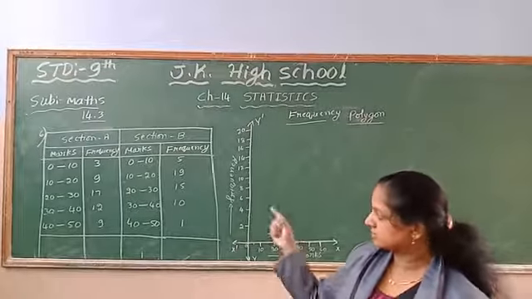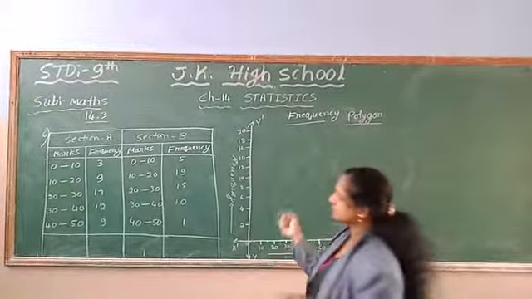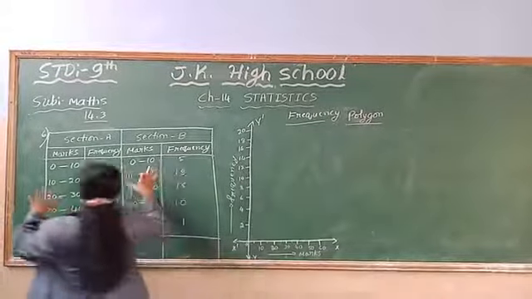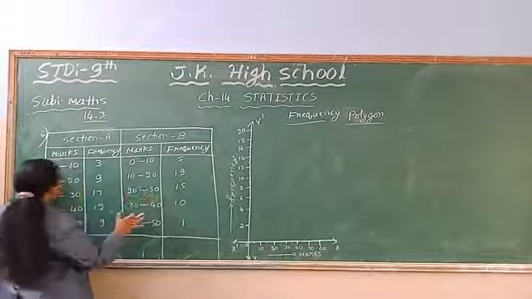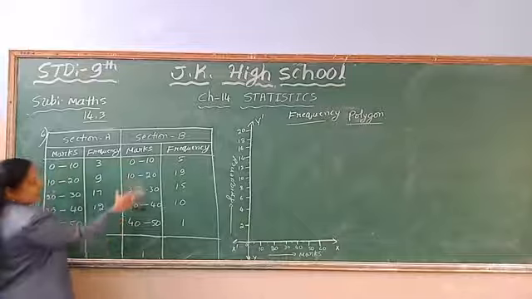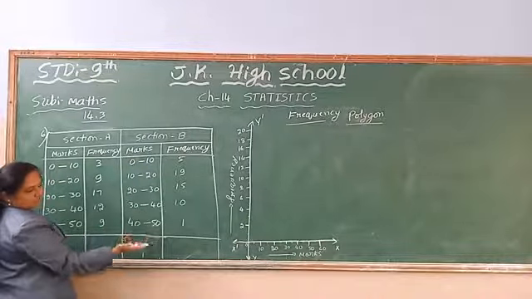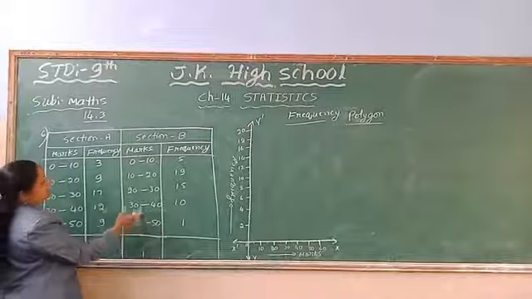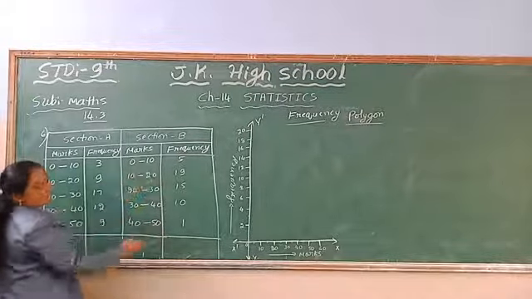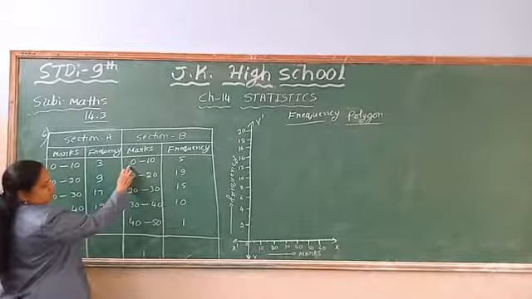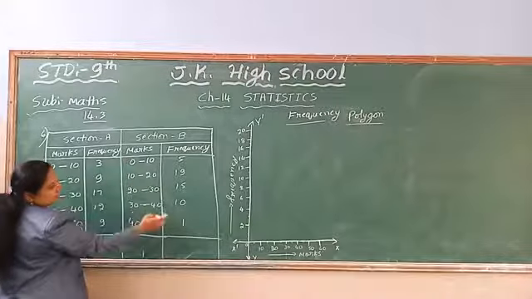The class intervals for both sections are the same, 0 to 10, 10 to 20, and they are continuous also. So I have taken class intervals, that is marks, on the x-axis: 0, 10, 20, 30, 40, 50.